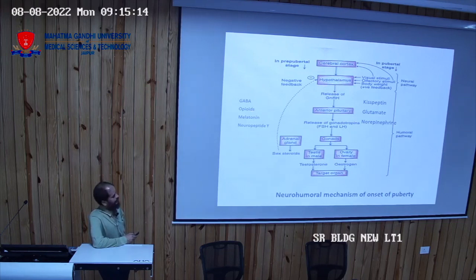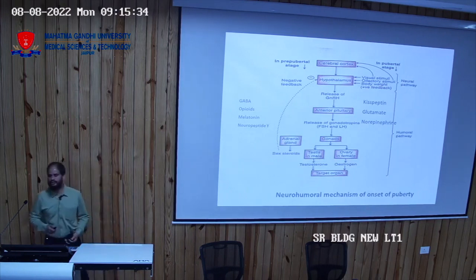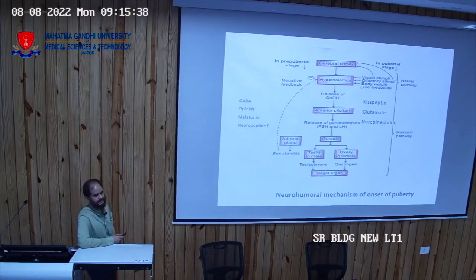Okay, and when puberty is attained, what happens is that there will be pulsatile release of GnRH under the influence of different stimuli like visual, olfactory, then also body weight, and there are also some neurotransmitters which are involved in the stimulation of this release of GnRH. कौन कौन से इसमें neurotransmitters हैं?